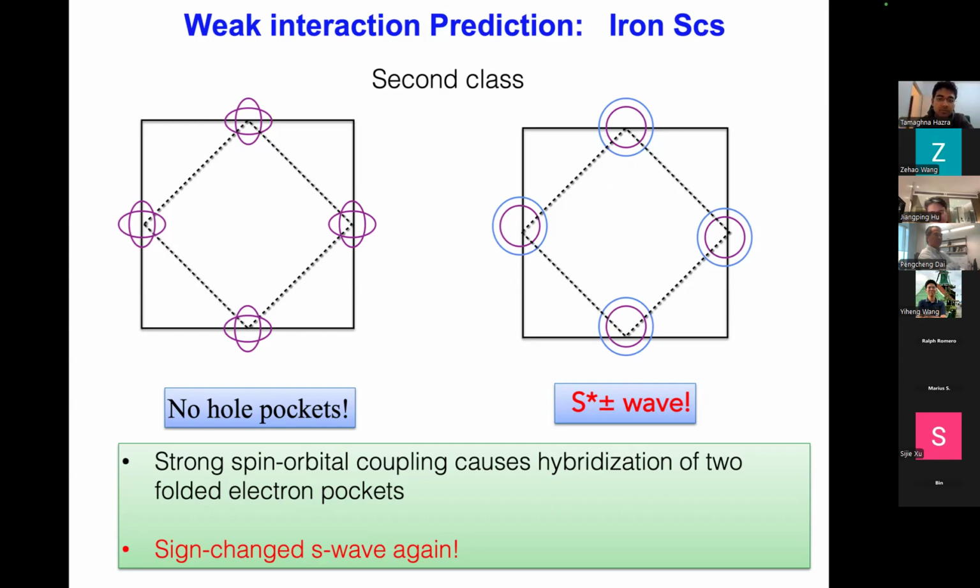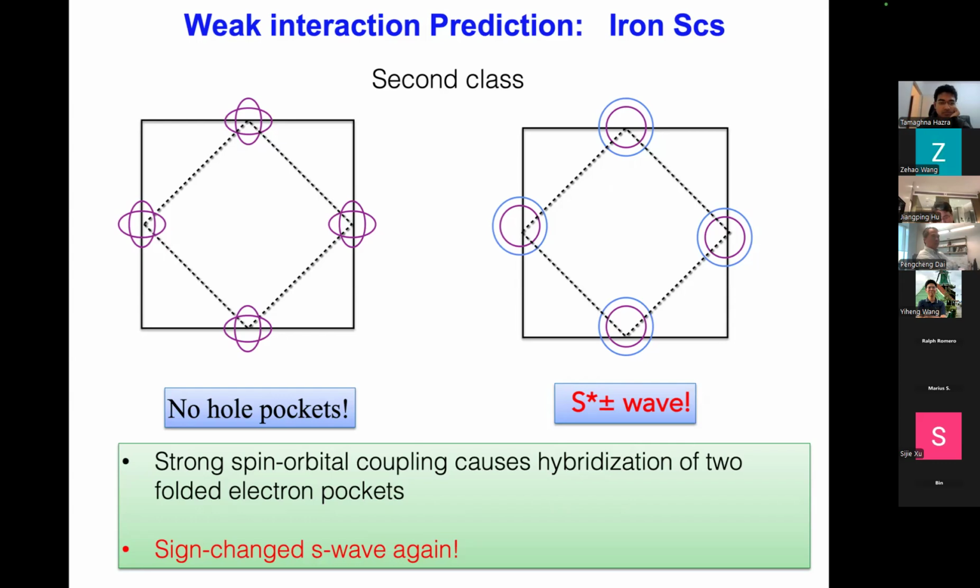Yeah, if the coupling is strong, then of course it will certainly affect these problems. But so far, we see that the layer coupling in iron-based superconductors, especially iron selenide, is very weak.